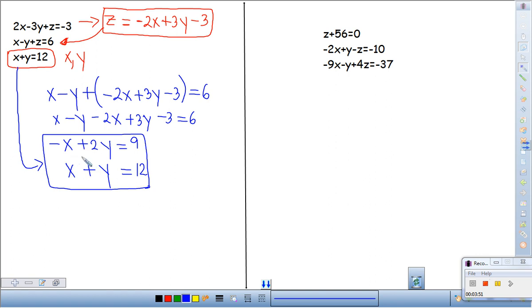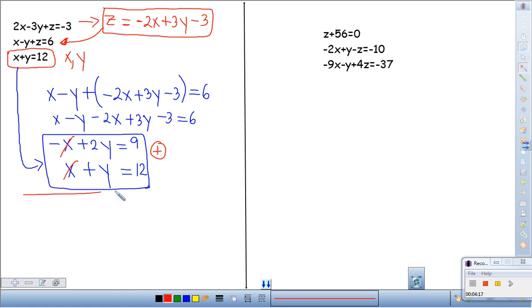I'm really hoping you can see that elimination is probably the best solution at this time, since x in the first equation and x in the second equation both have coefficient 1 and different signs, which means that I can add the two equations and eliminate the x's.